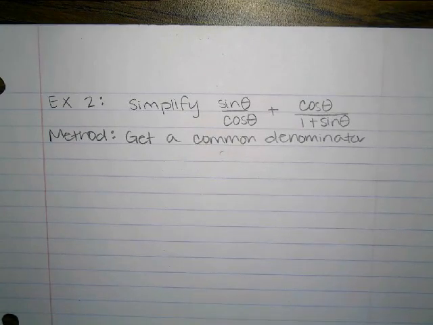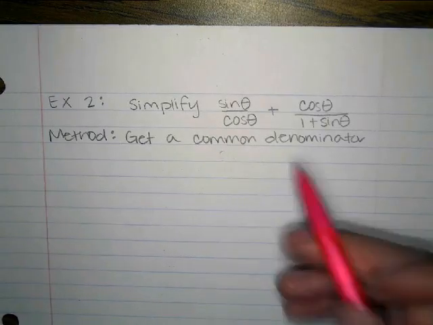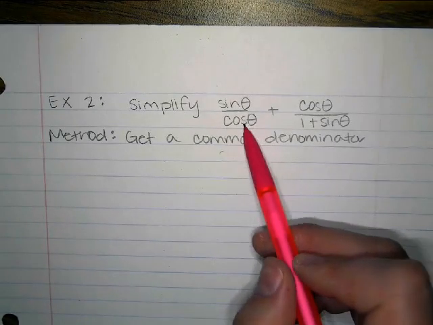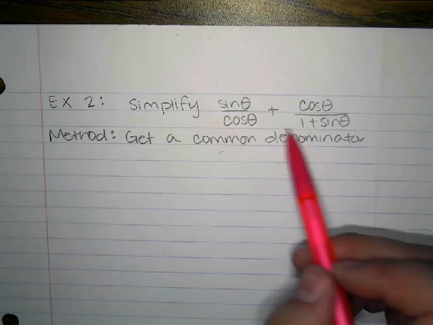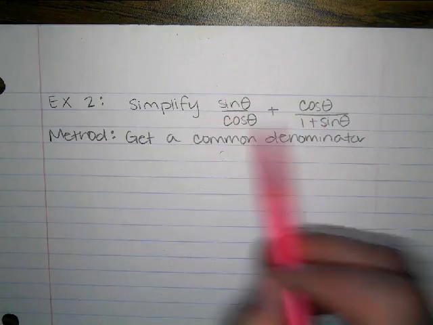And how did you get that? You just multiplied them together, right? Same thing we're going to do for this one. Cos theta and 1 plus sine theta don't really have anything in common. So I'm going to say my common denominator is just both of them multiplied together. This is kind of like the 1/5, and this is kind of like the 1/3.